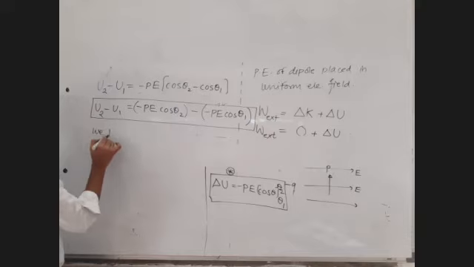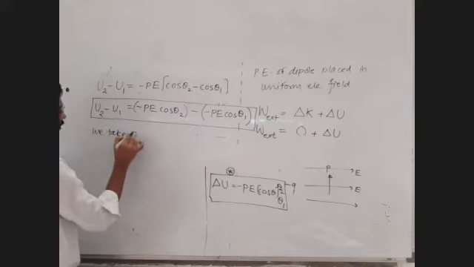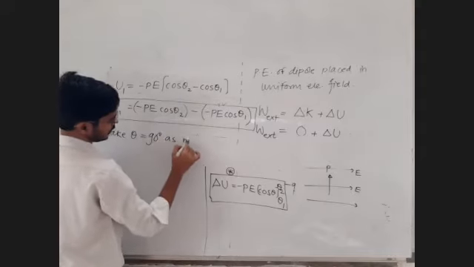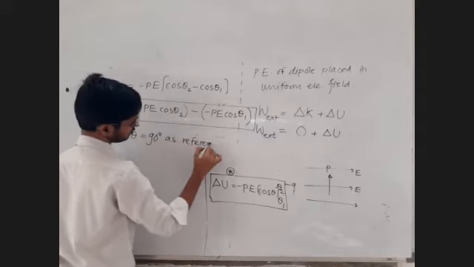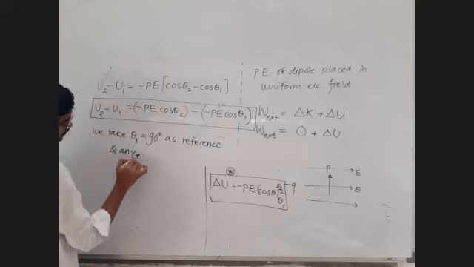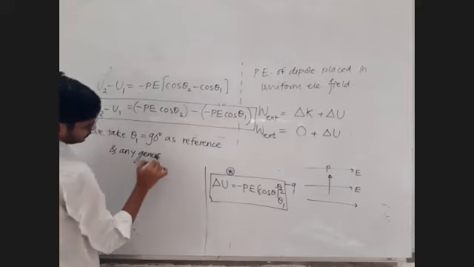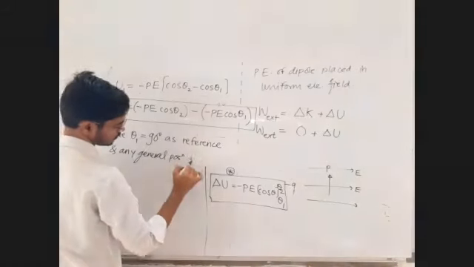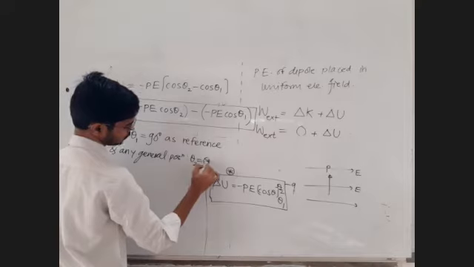We take theta 1 equal to 90 degrees as reference, and any general position theta 2 is equal to theta.